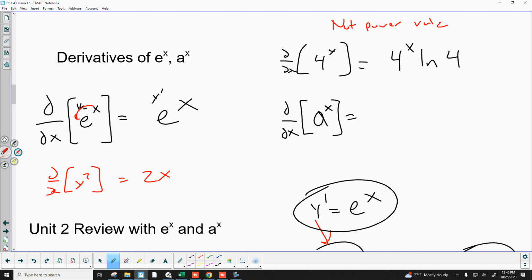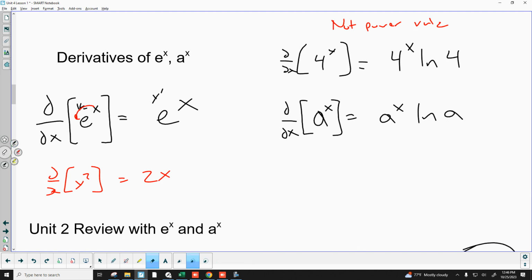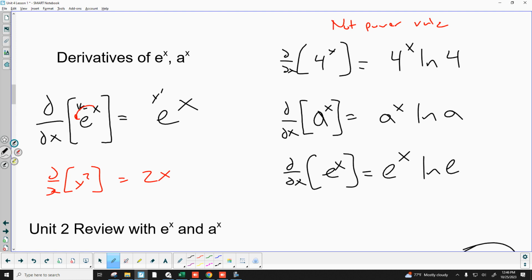If this is any number, the derivative is that number to the x times the natural log of the number. This actually works with e to the x. Watch. Some people like to put this down because they like when things change when you take the derivative. I could write the derivative of e to the x as e to the x times the natural log of e. Is that any different than what I put down over here?